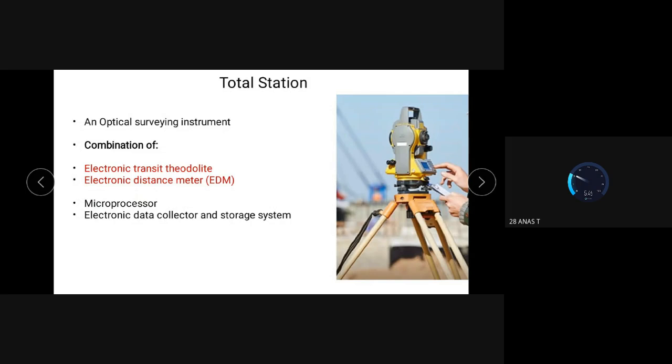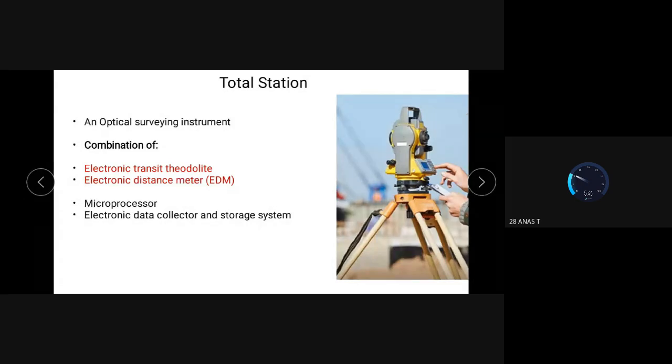So there is a slot for inserting the card where you can store the data. So you can get these data either directly from the total station. There is a point for USB inserting, and from that we can take the data from that total station, and we can do the office work using a laptop using this data.